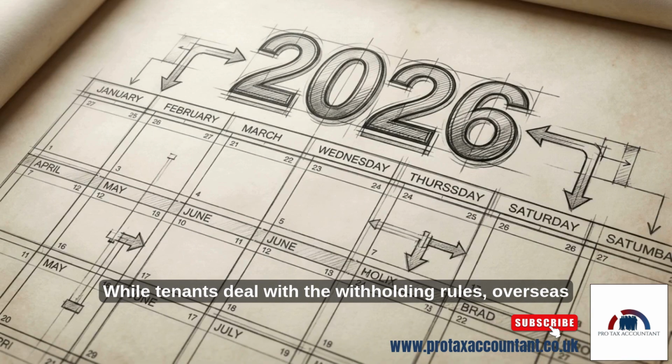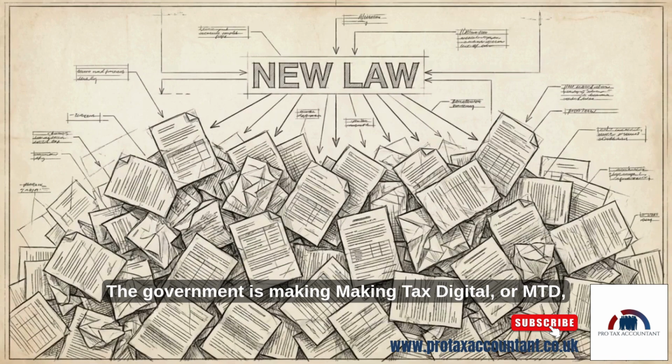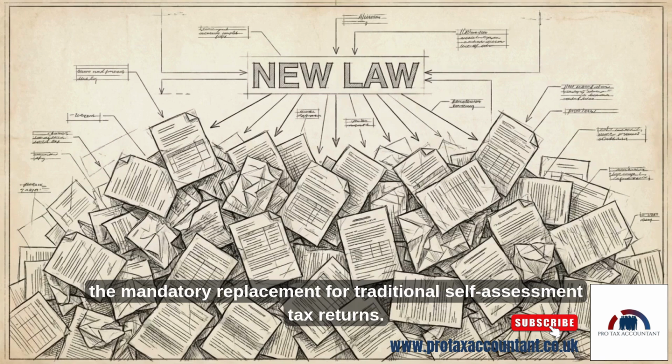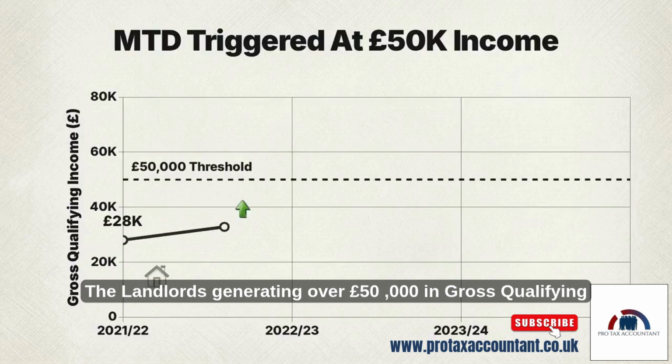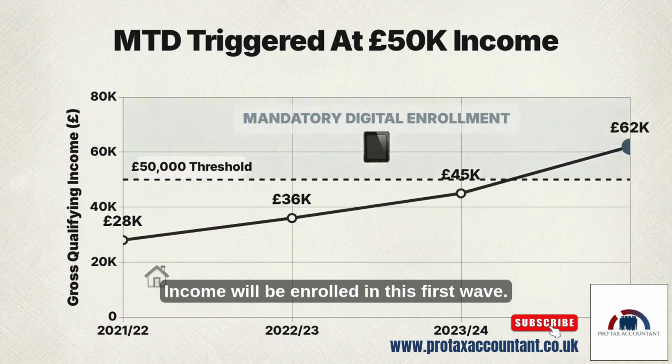While tenants deal with the withholding rules, overseas landlords are facing a digital compliance mandate arriving in April 2026. The government is making tax digital, or MTD, the mandatory replacement for traditional self-assessment tax returns. Landlords generating over £50,000 in gross qualifying income will be enrolled in this first wave.